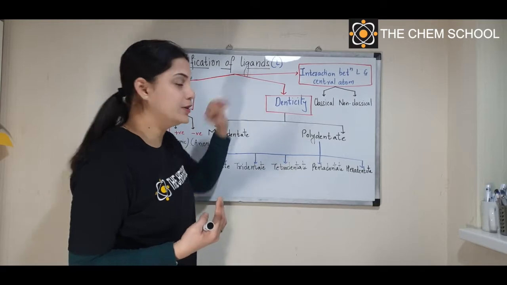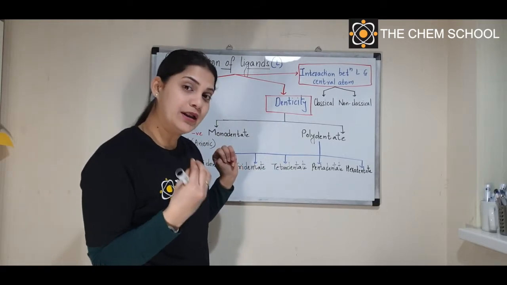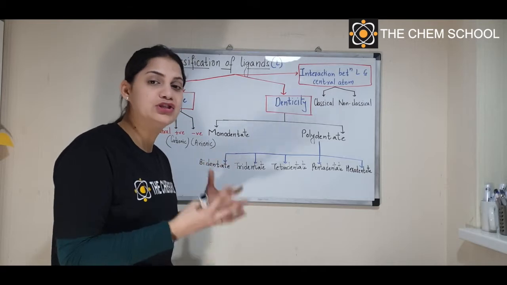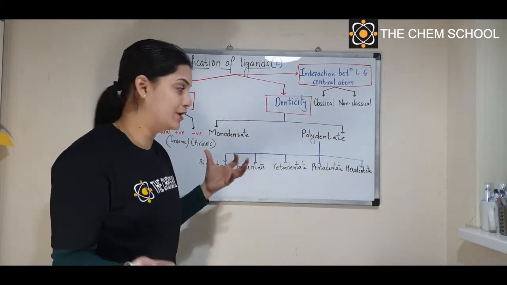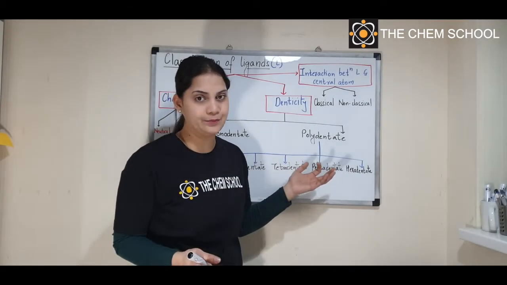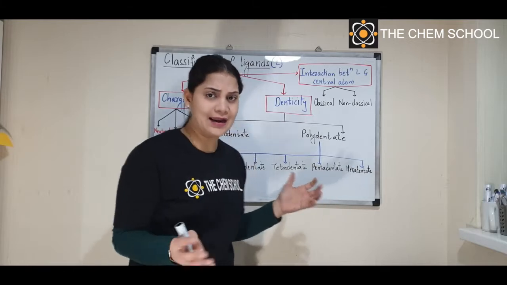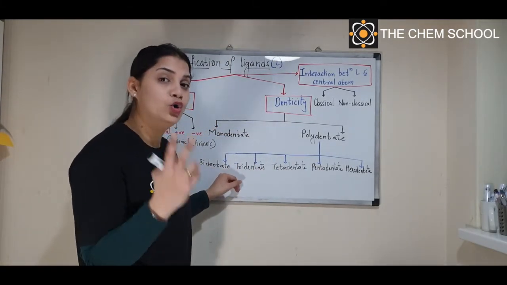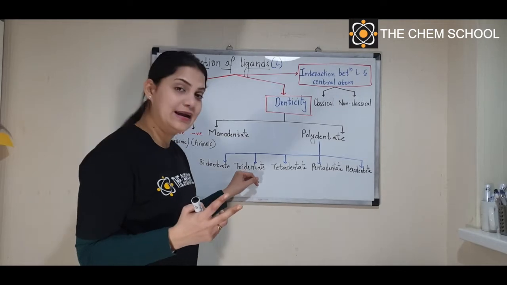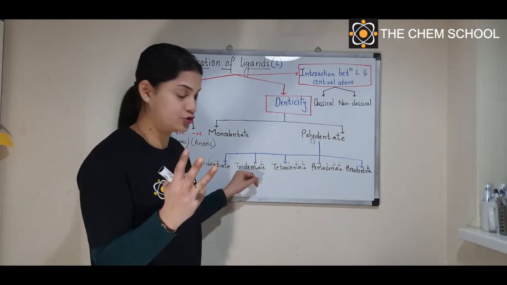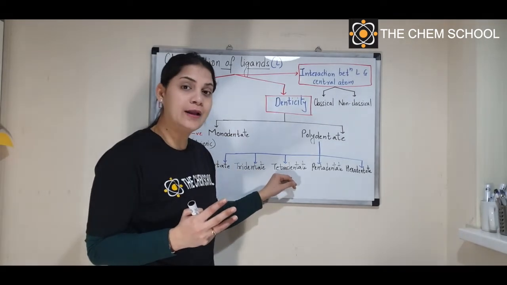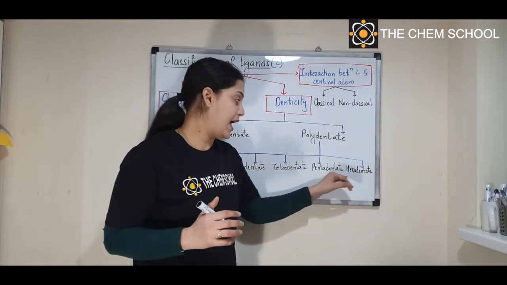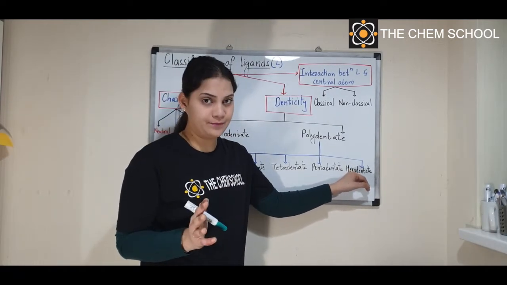So a ligand which is donating one pair of electrons is a monodentate ligand, and a ligand which is donating more than one pair of electrons is a polydentate ligand. In polydentate ligands, the usual types are bidentate, which donates two pairs of electrons, tridentate, donating three pairs, tetradentate, donating four pairs, pentadentate, five pairs, and hexadentate, six pairs.